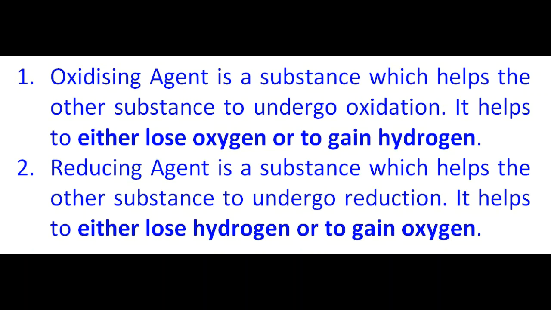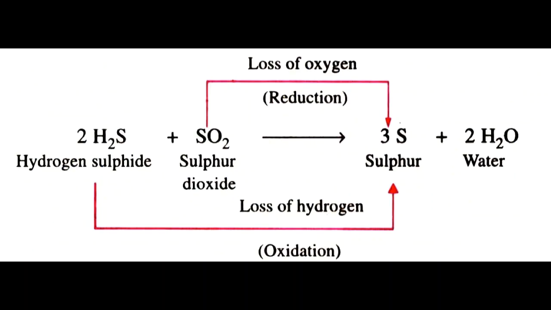It helps to either lose hydrogen or to gain oxygen. We have already seen two examples. In the first one, we explained this redox reaction in terms of gain of oxygen and loss of oxygen. And in the second example, we explained it in terms of gain and loss of hydrogen. Now we give the third example, in which we explain the same redox reaction in terms of loss of oxygen and loss of hydrogen.